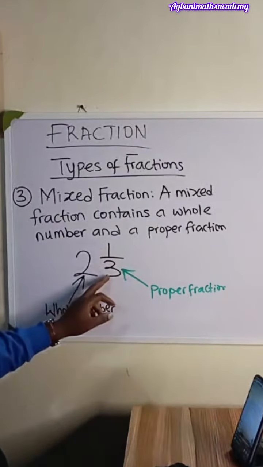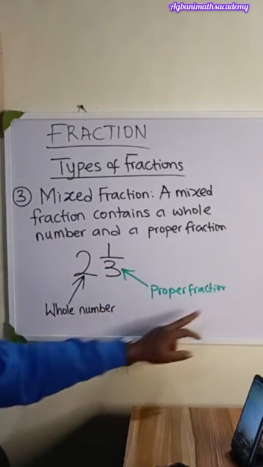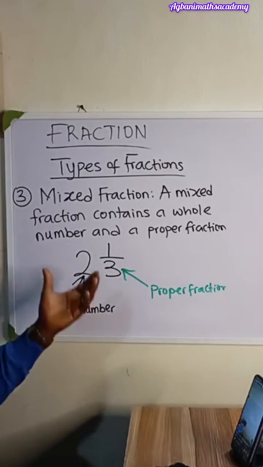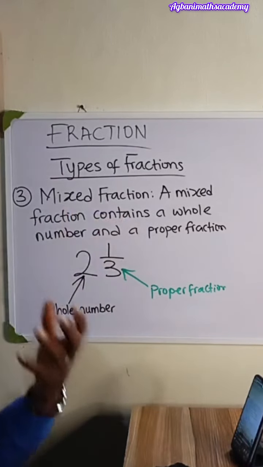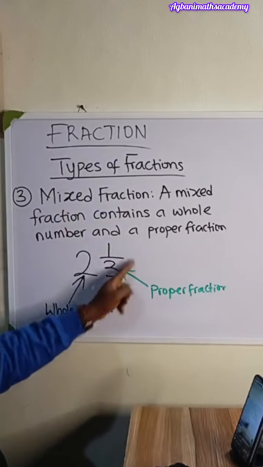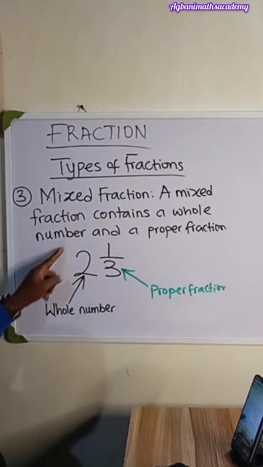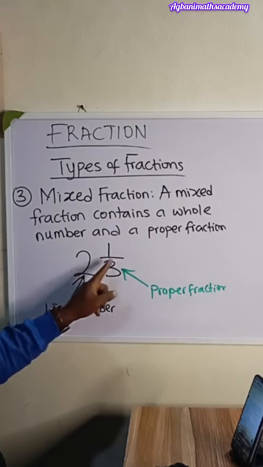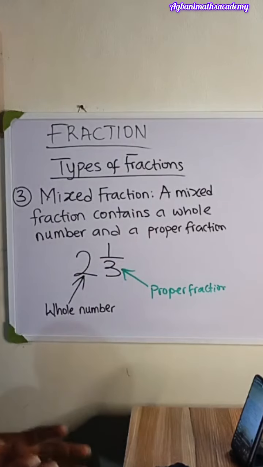So 1 over 3 is a proper fraction. 2 here is a whole number. So a mixed number contains a proper fraction and a whole number. So the whole number here is 2. The proper fraction is 1 all over 3.